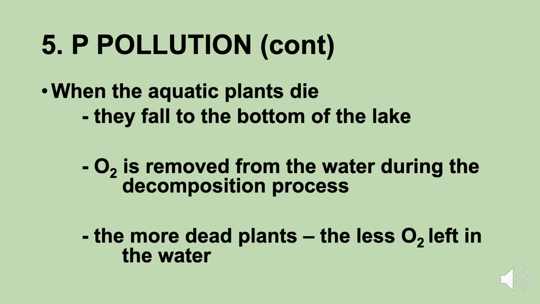As they suck oxygen out of the water, they deprive the water of oxygen for fish, and they deprive the sediments of oxygen, which can result in a solubilization of these toxic metals. The more dead plants, the less O2 left in the water, and the bigger the problem we have.